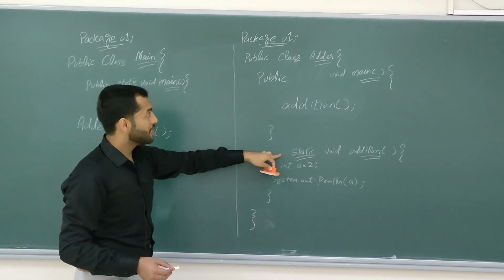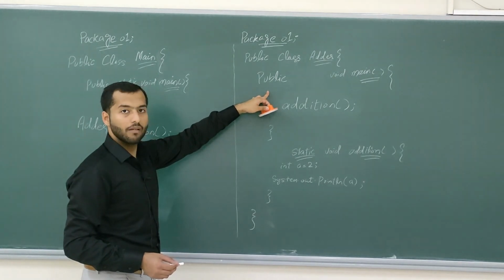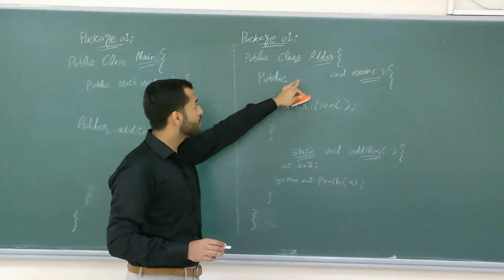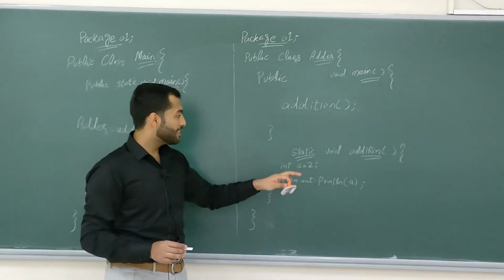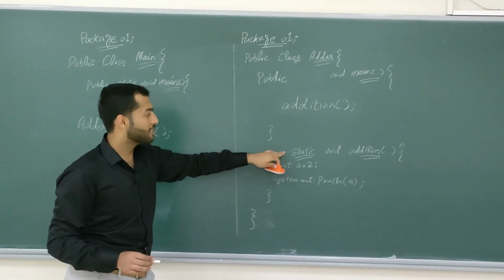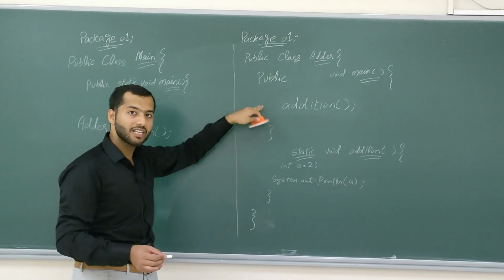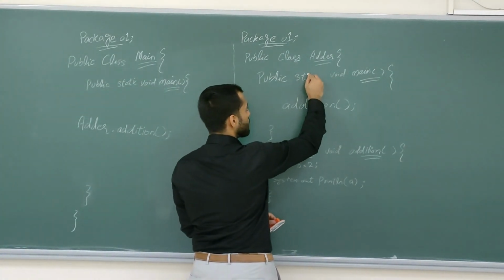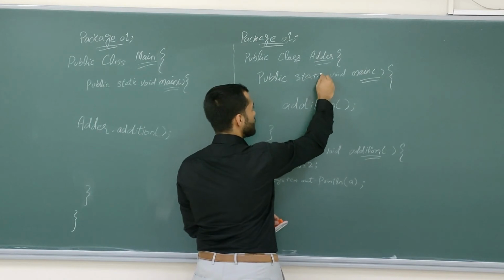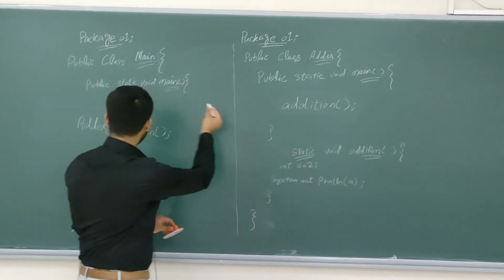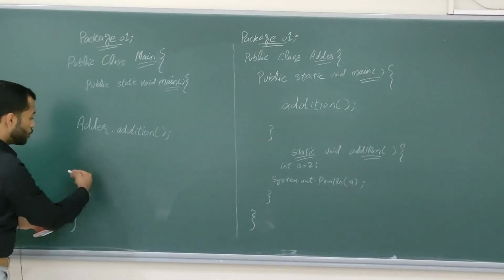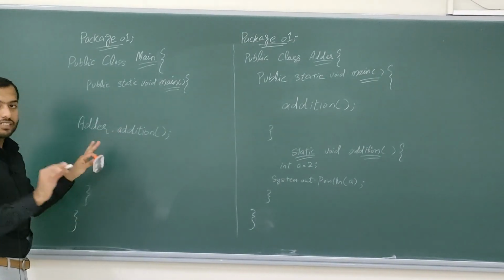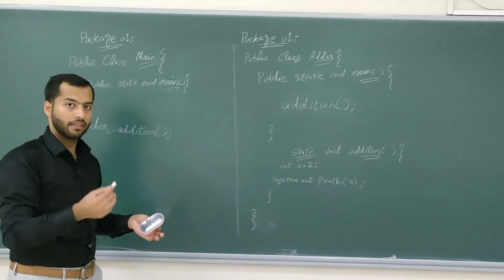If you want to access this static method from this non-static field, it will not accept it because this field is not static. So you can say that you can access a static field within a static field. So to access this one, you have to write static here, like this. If I remove the static from here, it will not accept this thing. It will give you an error.